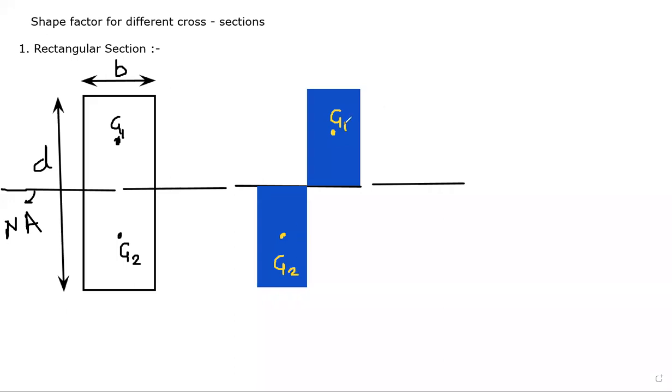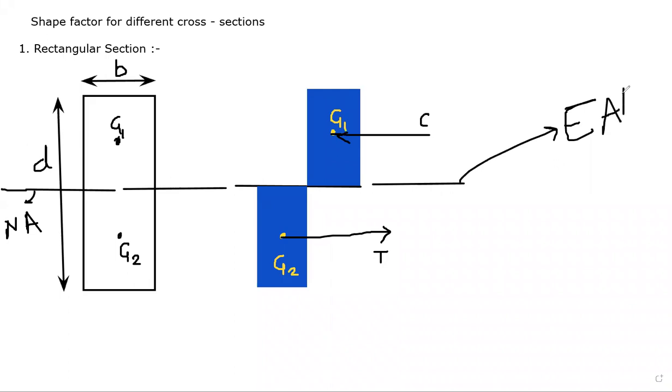Then compressive force C, tensile force T, then this is your, I am writing as EAA, equal area axis. Remember this.